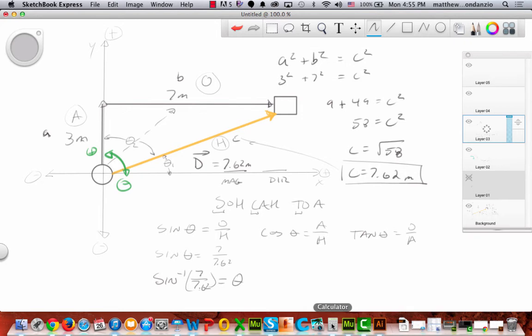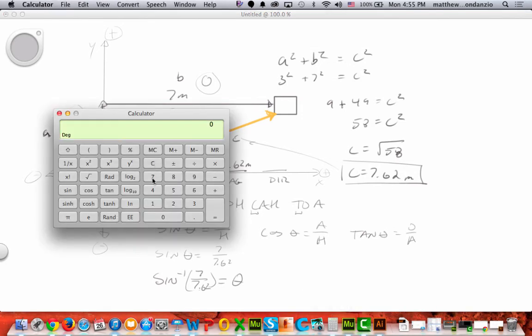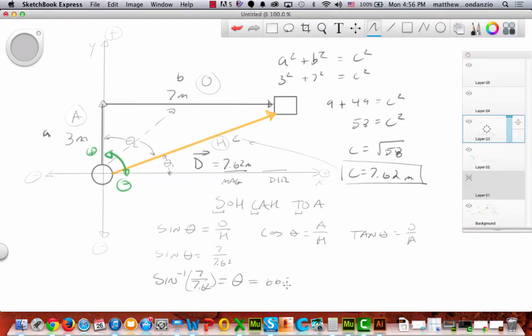Let's do the calculation. I say 7 divided by 7.62, and then shift, and notice I have the inverse sine up here. It's about 66 degrees, so it's pretty close. We were looking at 65 earlier. So theta ends up being 66.73 degrees. And that's how you figure out your theta, okay?